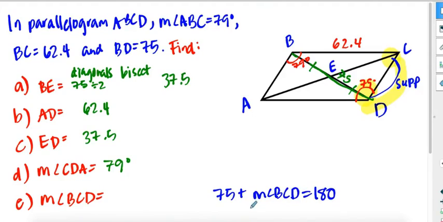Oops, I changed it to 70. It should be 79. Couldn't read my writing. This is a 9. So if this is 79, then I subtract 79 from both sides, and the measure of BCD is 101 degrees.